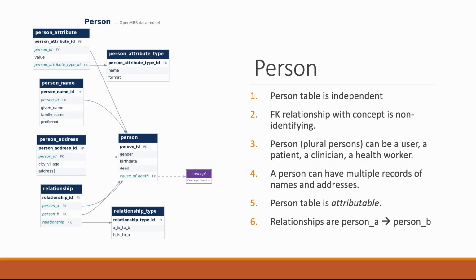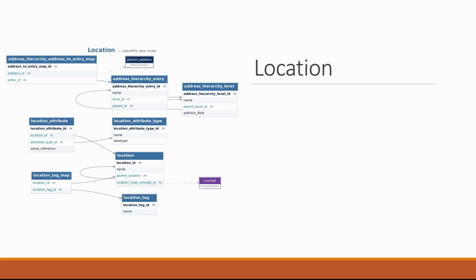Then we have locations. Just like person, locations are not stored in one flat table, right? The location table has a whole hierarchy to it, and as I mentioned earlier as well, we are using an OpenMRS module called address hierarchy to define the hierarchy of locations.